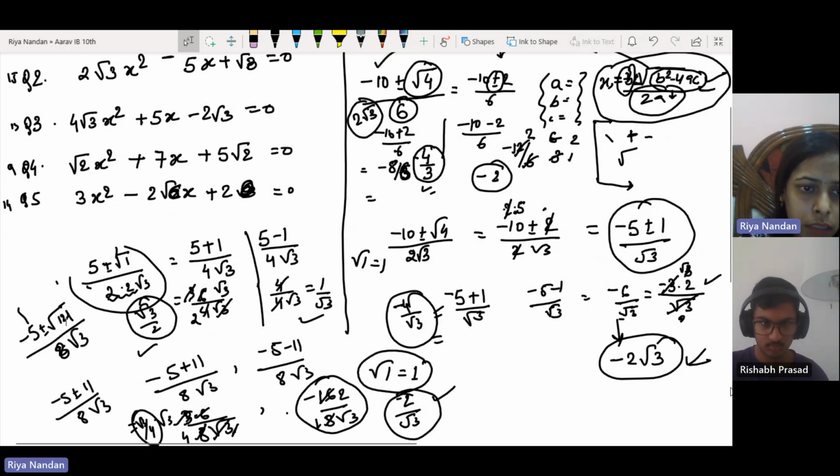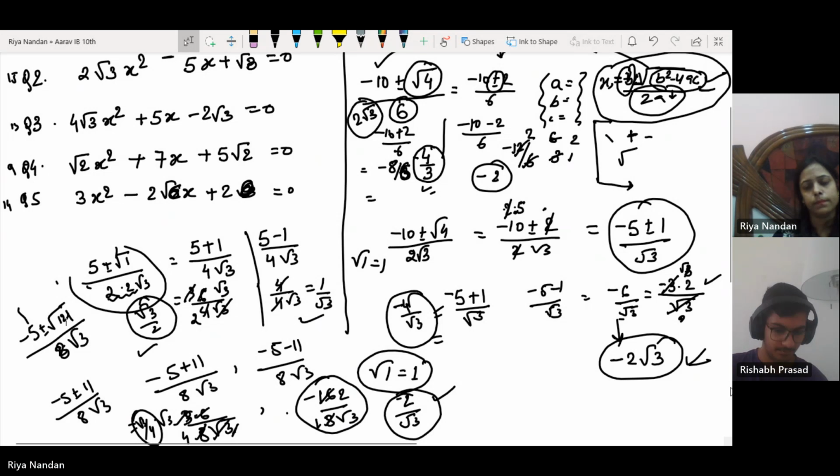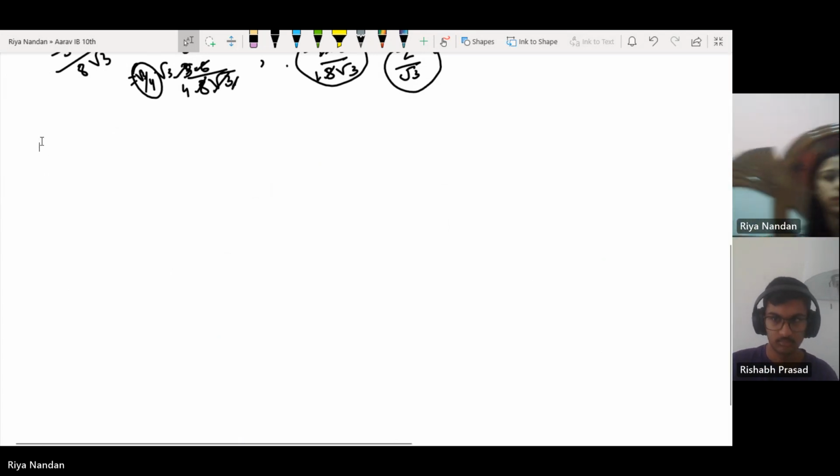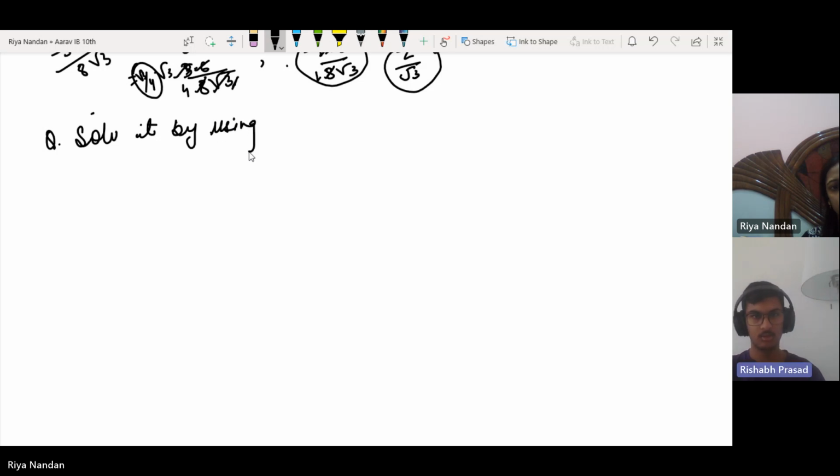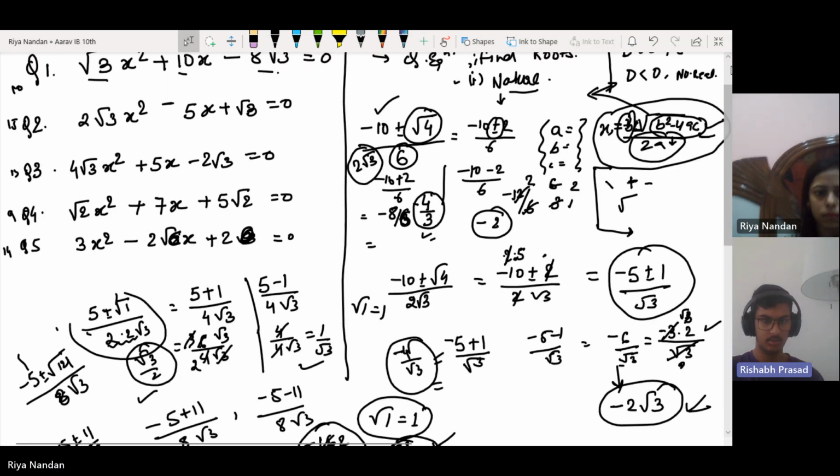It is 3x square minus 2 root 6x plus 2. For question 3, I got minus 2 upon root 2 and 5 upon root 2, minus 2 upon root 2.